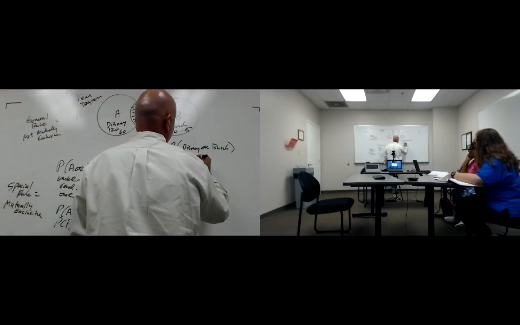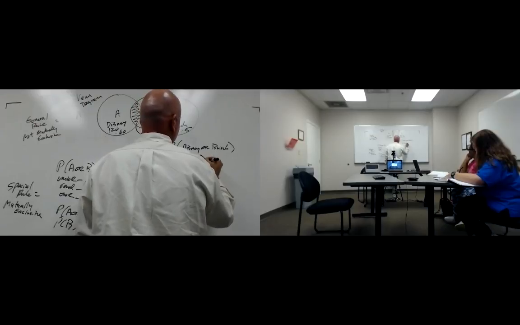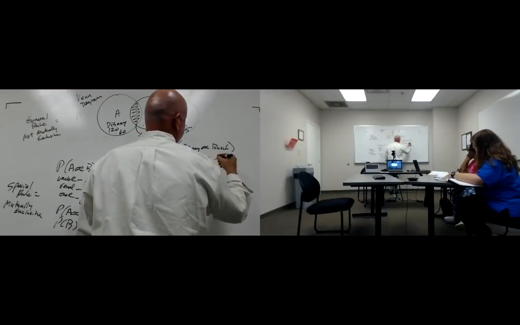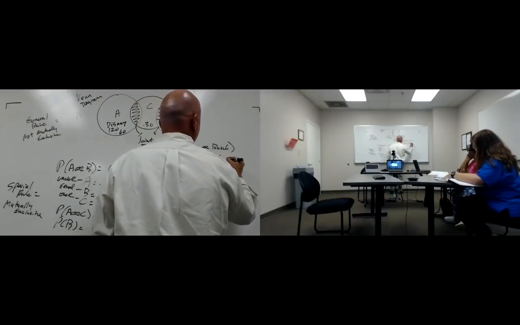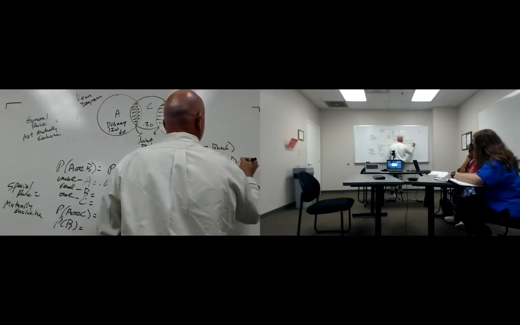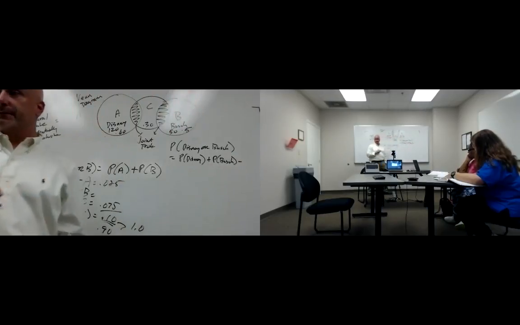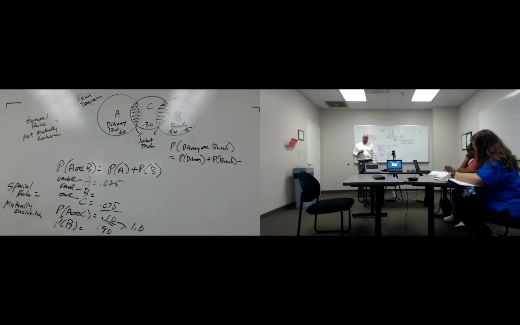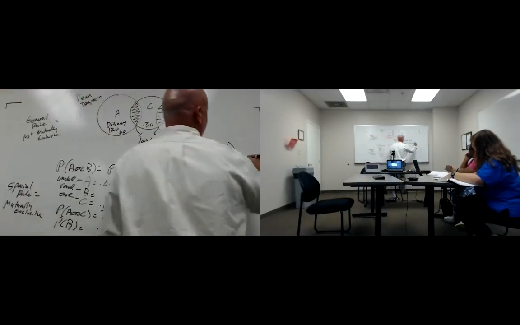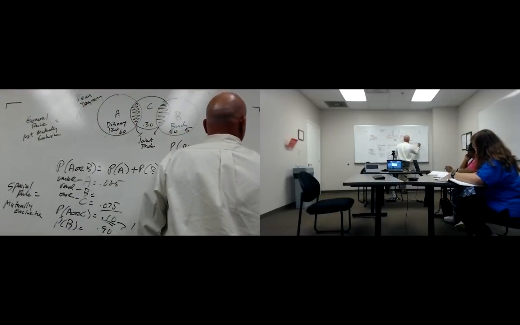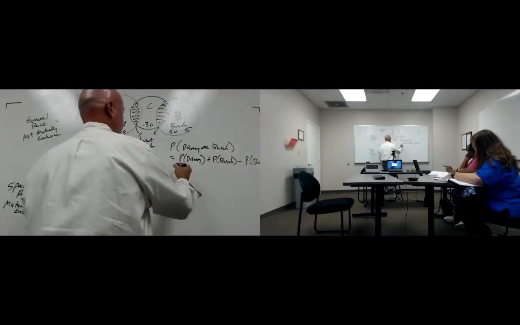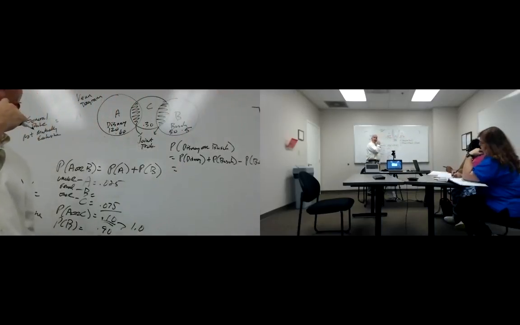The probability of Disney plus the probability of Busch, subtract out the 30 that went to both. The probability of both. So it should be 0.8.